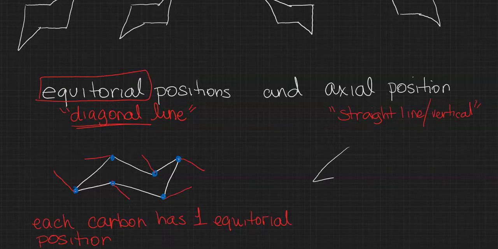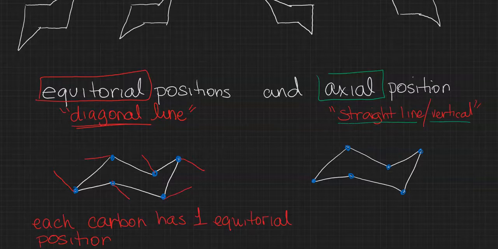We can draw another chair so that we can see the axial position. Again, our carbons are represented by the vertices, the corners, the bends. And we said that axial was a straight line that's going to be vertical. It's going to either be up or down. So here, here, here, here, here, and here.